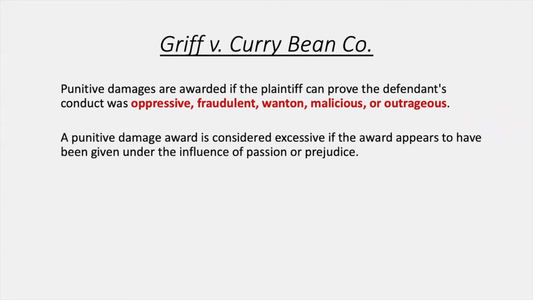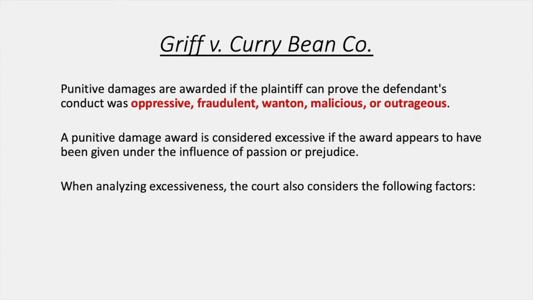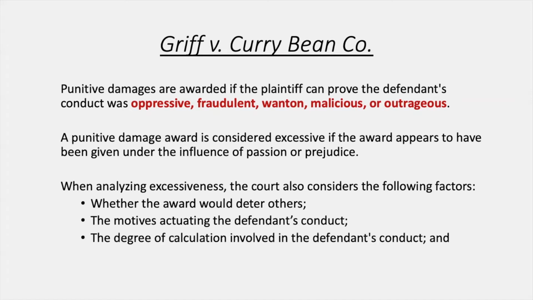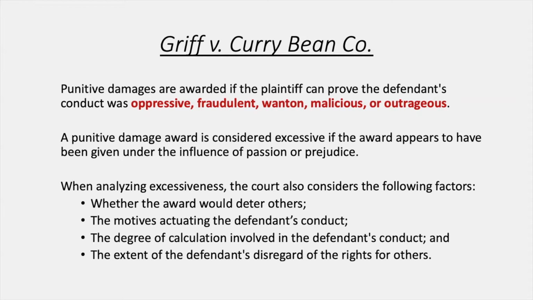Well, a punitive damage award is considered excessive if the award appears to have been given under the influence of passion and prejudice. To analyze whether something was excessive, we look at the following factors: whether the award would deter others, the motives actuating the defendant's conduct, the degree of calculation involved in the defendant's conduct, and the extent of the defendant's disregard of the rights of others.